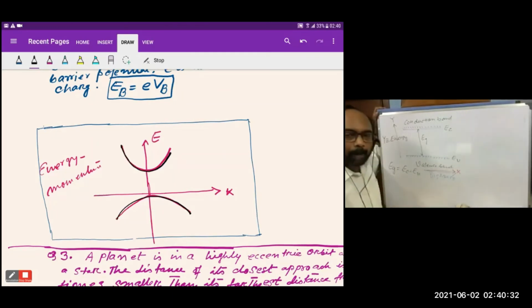So remember, when we are given a flat band, it is always energy versus distance. When we are given a parabolic-like energy band diagram, it is energy momentum.